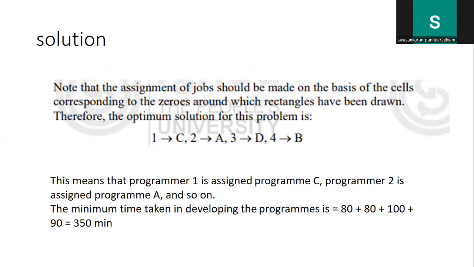From the above optimum solution, it is clear that programmer 1 will be assigned to do application program C. Likewise, programmer 2 is assigned to application program A and so on, as I told you earlier in the previous slide. And we have to find out the minimum time taken in developing the 4 application programs by all the 4 experts.